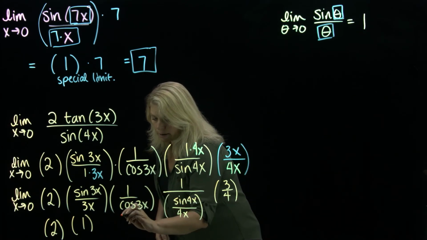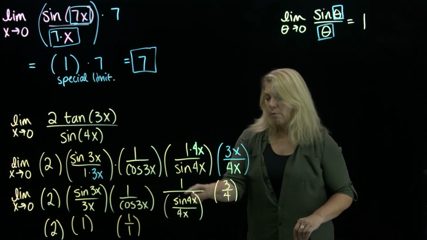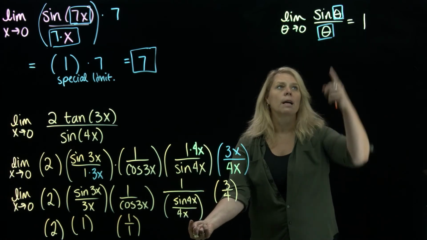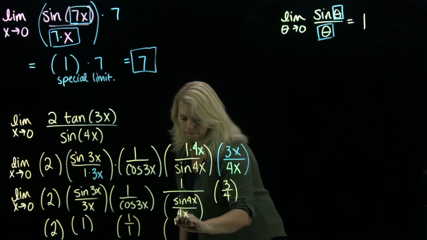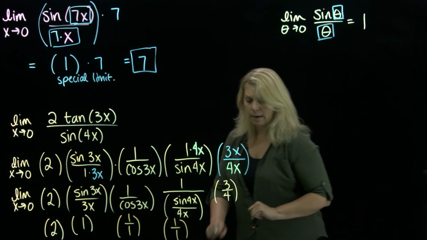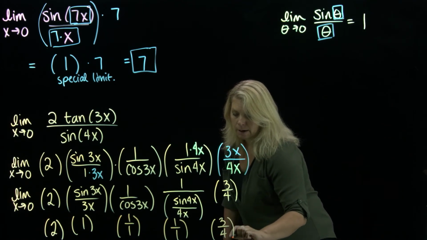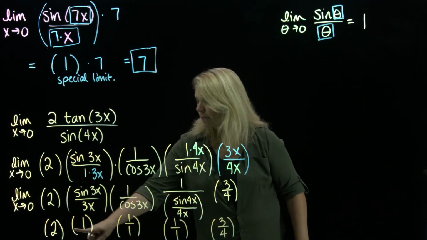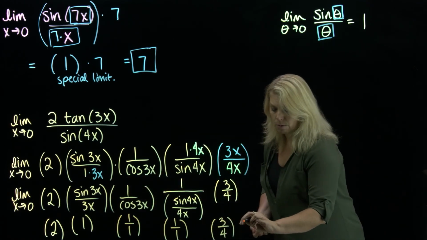So this fraction here approaches 1 over 1, which is 1. This here, where I've got 1 over that special limit form, will also be 1 over 1, which is just 1, and then times the 3/4 here at the end. All right, so when I multiply that all out, 2 times 1 times 1 times 1 times 3/4, I get 6/4 or 3/2.